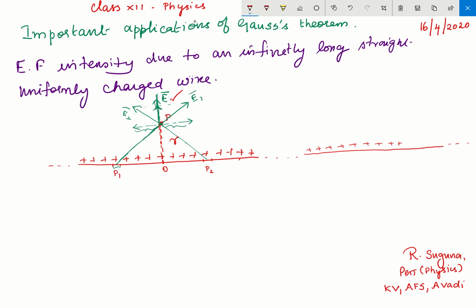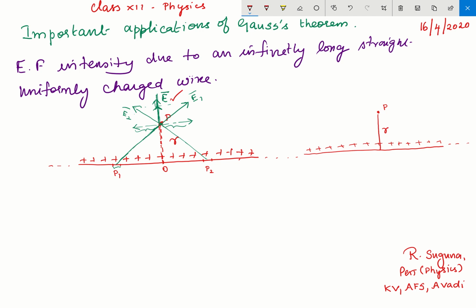I want to find the field at the point of my interest, P, here, and the distance from the line of charge is R. This is R, the perpendicular distance.